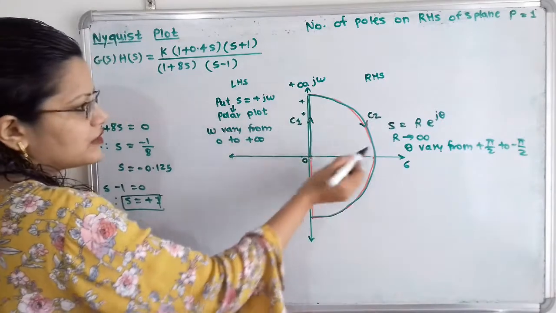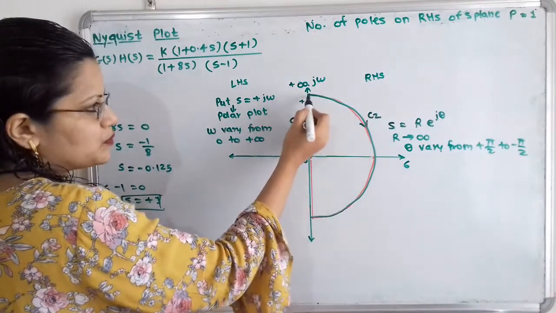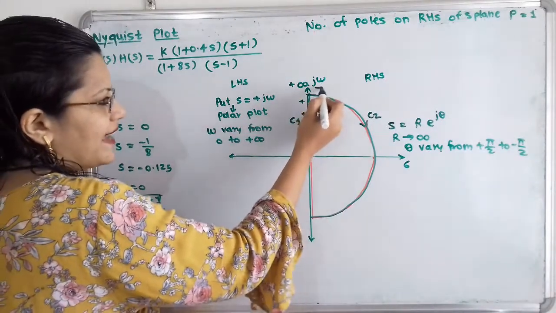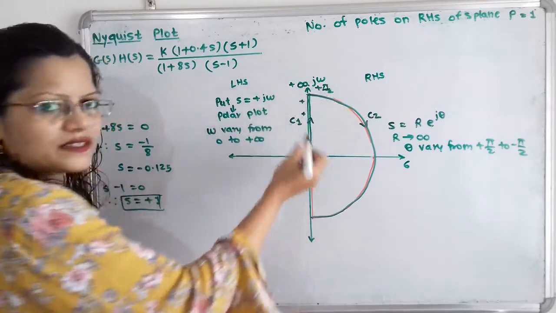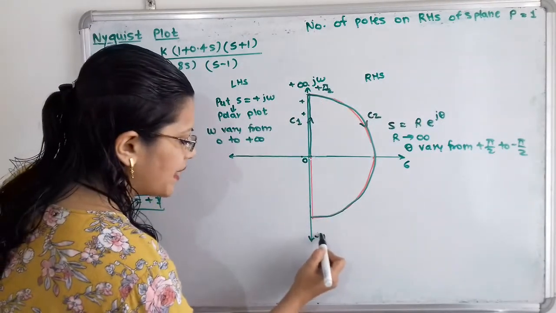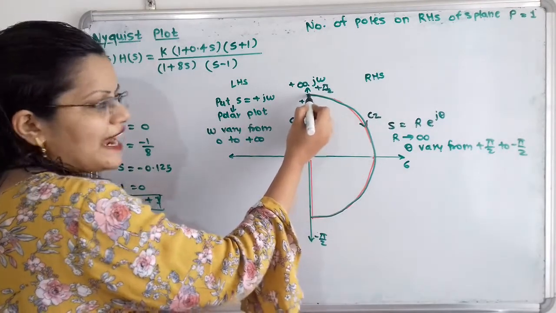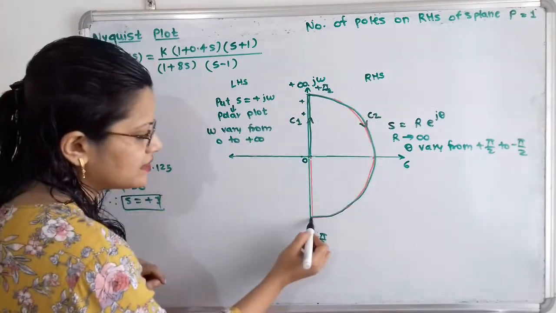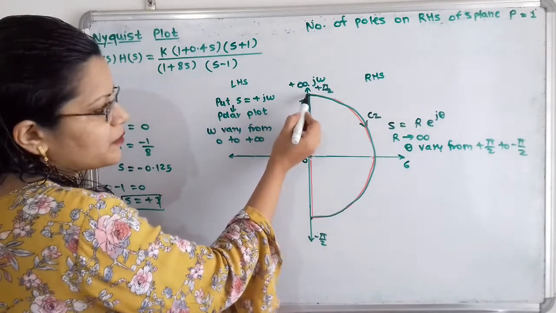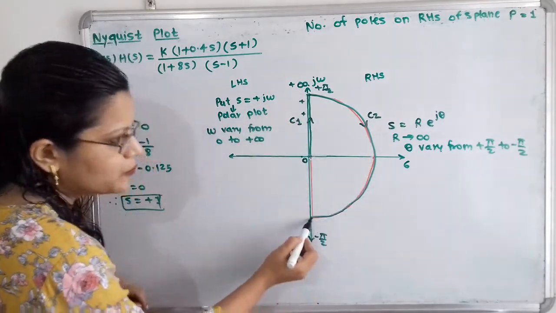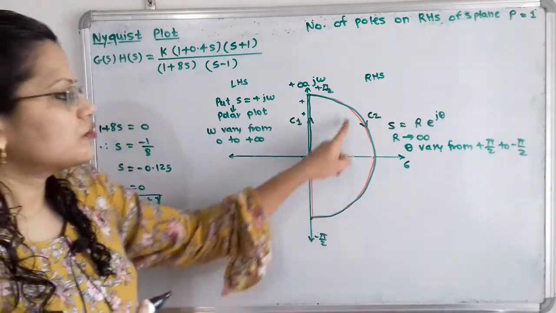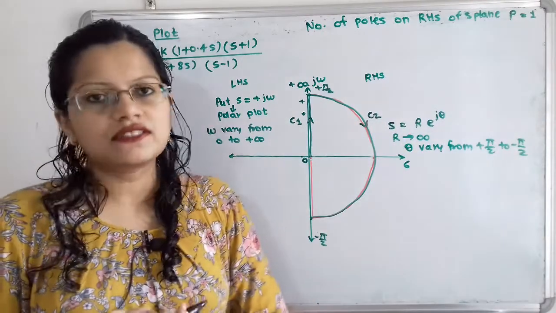Because if we observe, this section C2 starts from this point, where the angle is plus pi by 2 or plus 90 degrees, and ends at this point, where the angle is minus pi by 2 or minus 90 degrees. So theta will vary from plus pi by 2 up to minus pi by 2. So this is about the section C2.